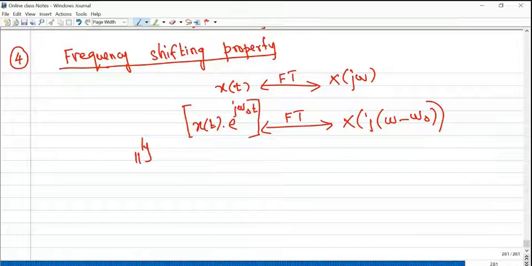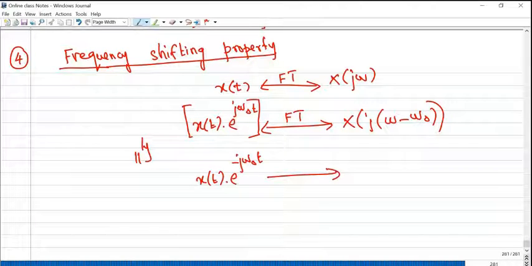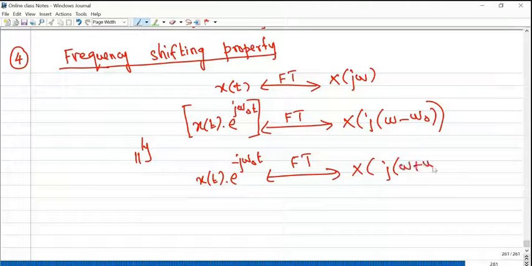Similarly, x of t e power minus j omega naught t has Fourier transform x of j omega plus omega naught. So this property is called the frequency shifting property, shifting the frequency by omega naught.